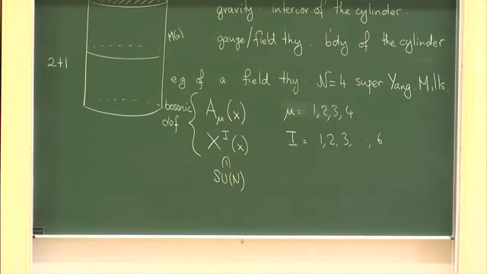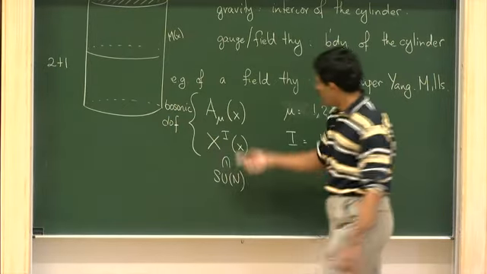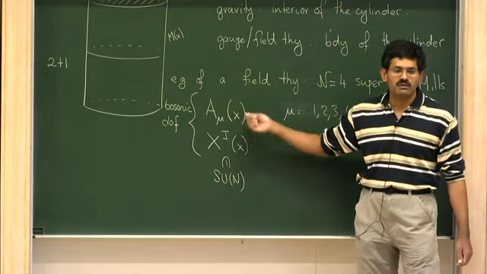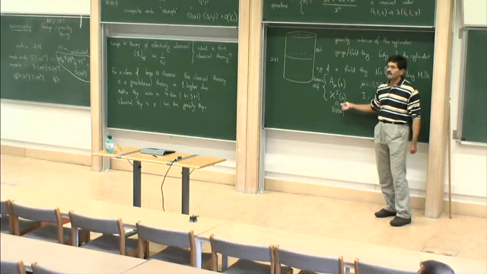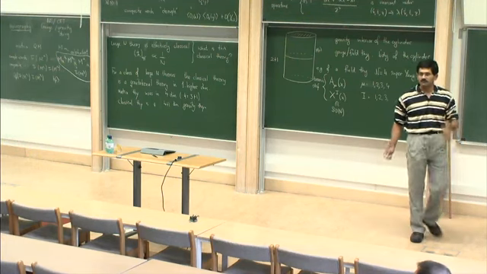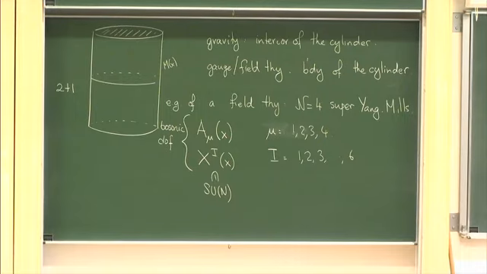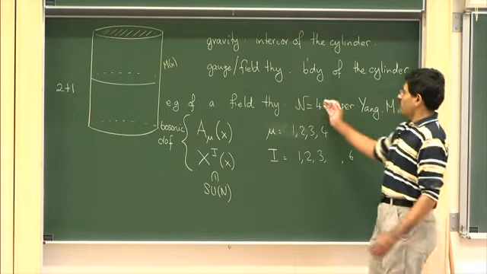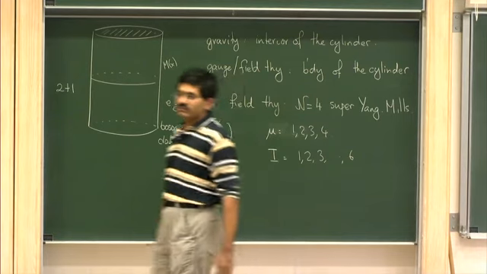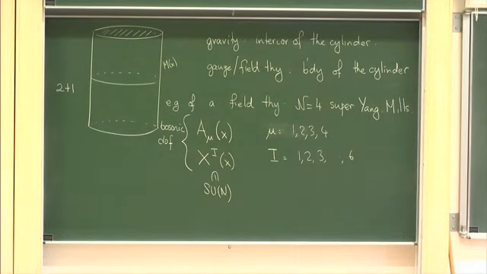In addition, I have a certain number of fermionic matrices, which are also elements of SU(N). These 10 matrices transform in the adjoint of SU(N), so they have 2 labels with respect to SU(N). That's the gauge theory. That's a particular theory that has this kind of description in terms of gravity.